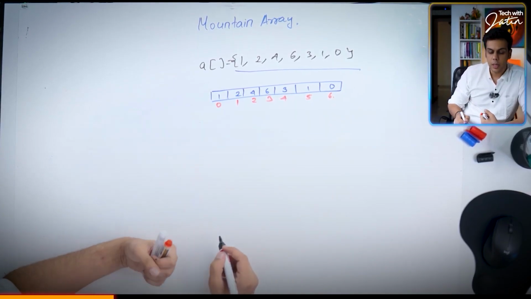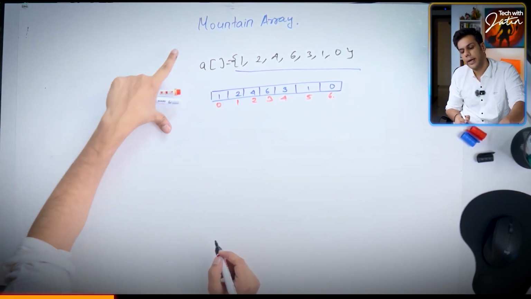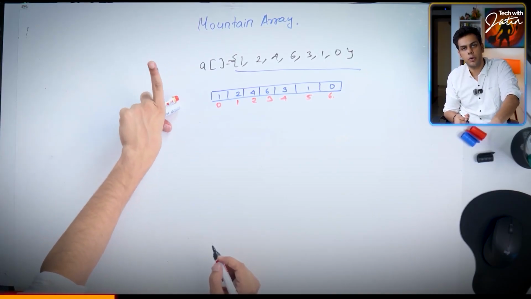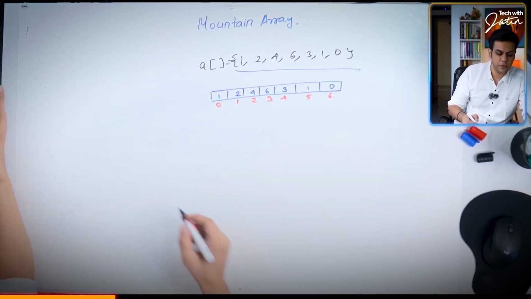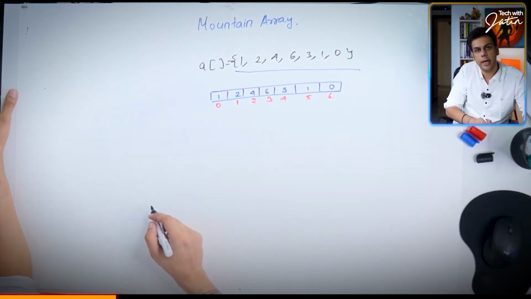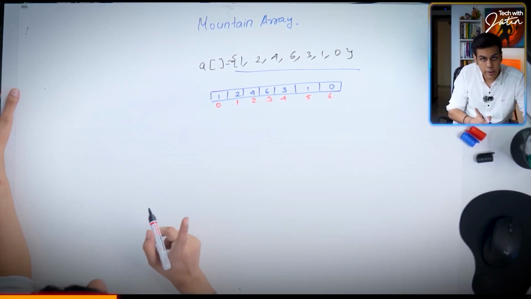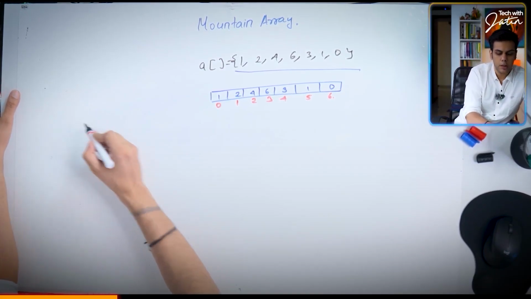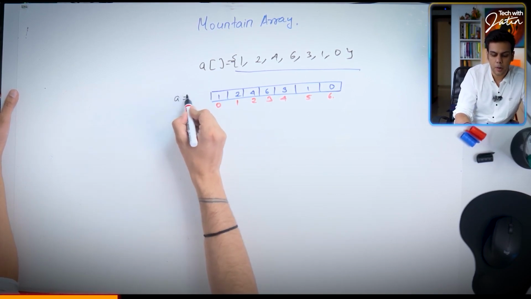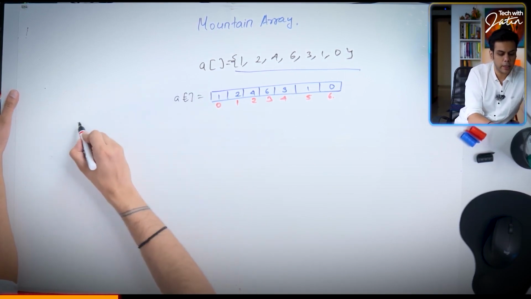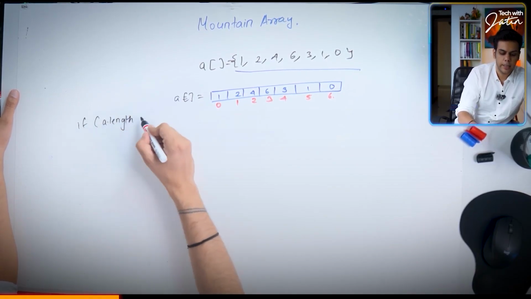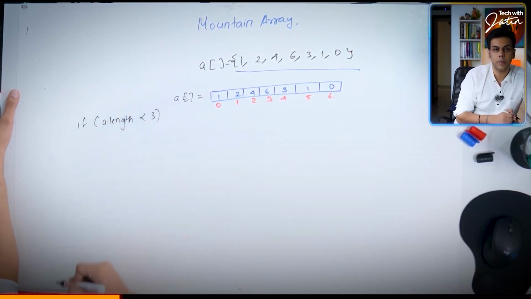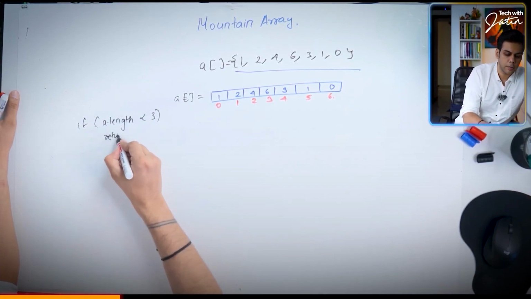Now, the first thing, before I check whether it is going to be a mountain array, I'll do a simple check. What is the first check? That the length of the array should be greater than what? 2. So the moment I am given an array, I'm going to check if a dot length is less than 3, I'm going to return false.